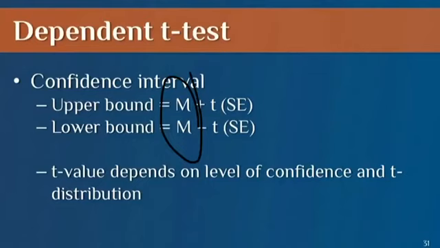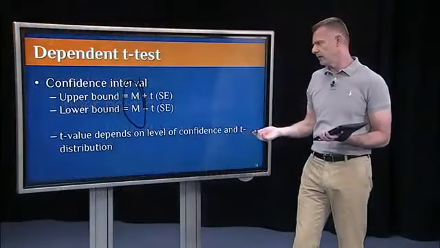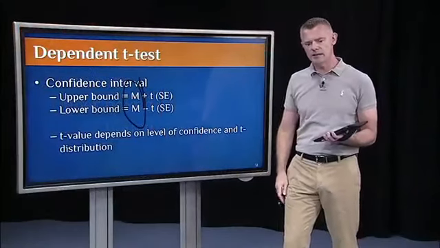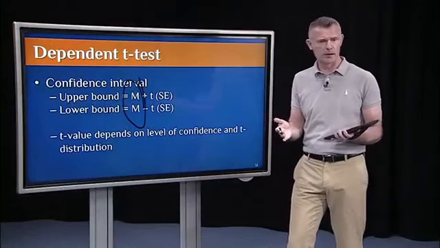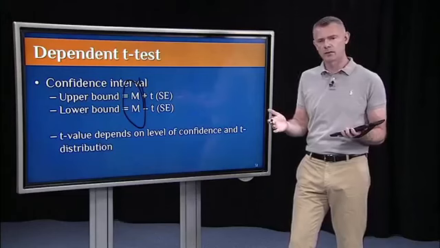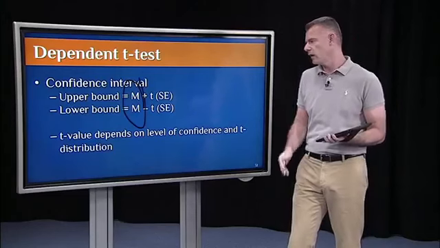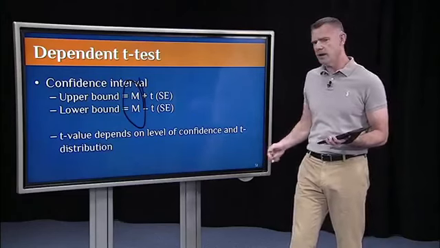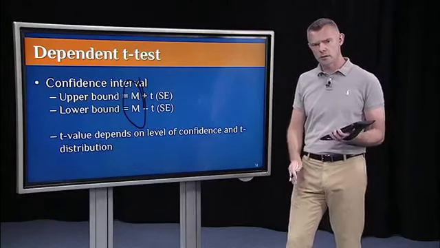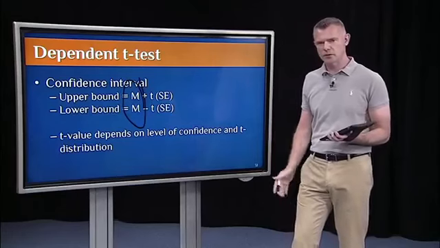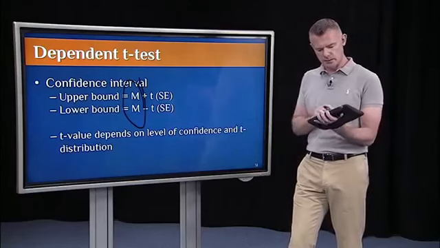We want to add some function of standard error, and we multiply standard error by t. That exact t value depends on how confident we want to be, like a 95% confidence interval versus a 90% confidence interval. And it depends on which sampling distribution of t we're going to use. Because we have that family of t distributions, it depends on the number of subjects in the sample.